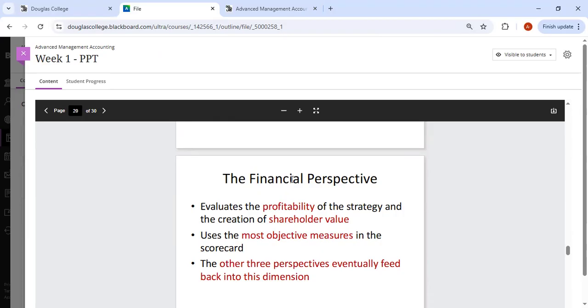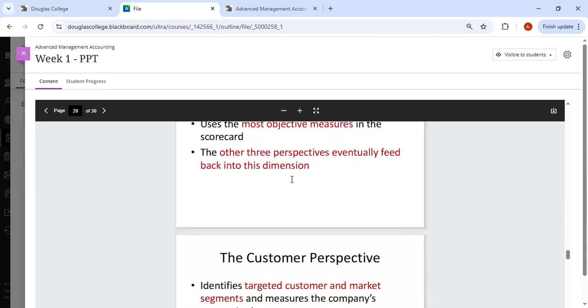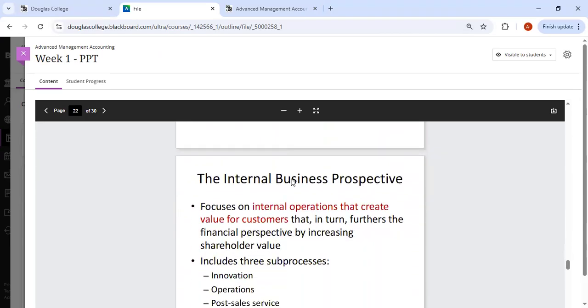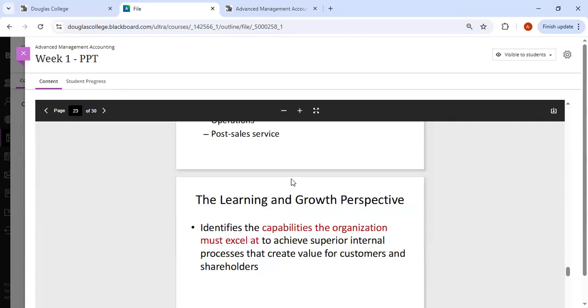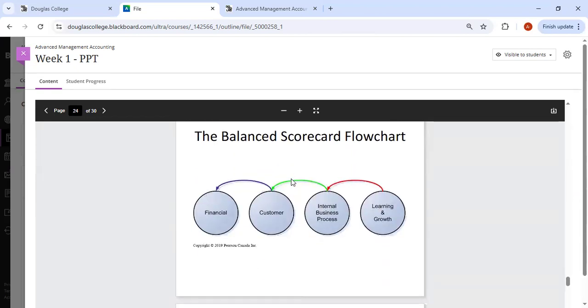What is the financial perspective, and what does it evaluate? What is the customer perspective, why do we need that customer perspective, and what does it evaluate? Same thing with the internal process and the learning and growth.